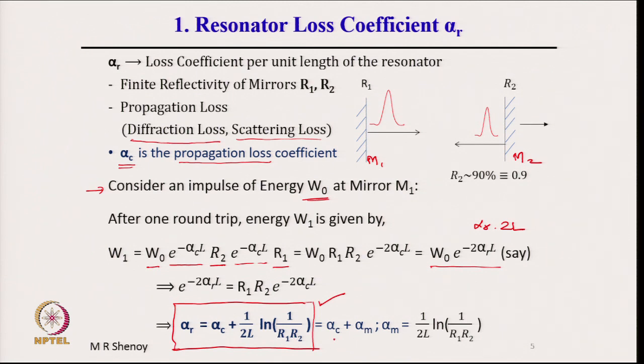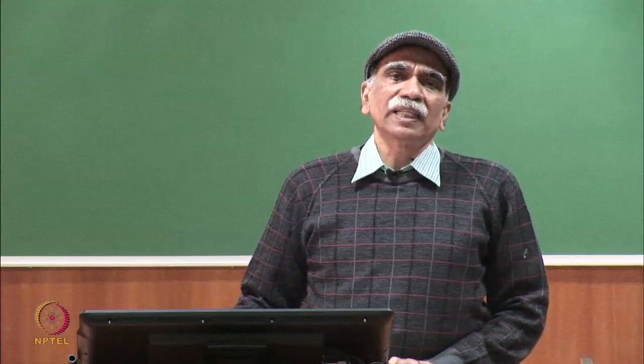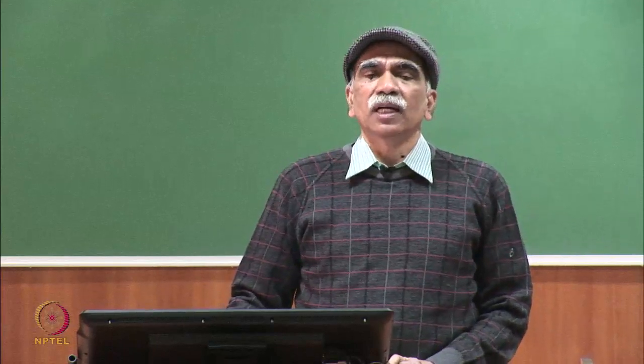Sometimes this is also expressed as alpha c plus alpha m, where alpha m is equal to 1 by 2 L into ln 1 by R 1 R 2. The subscript m represents that it is primarily loss due to the finite reflectivities of the mirrors. That is why it is also represented as alpha c plus alpha m.